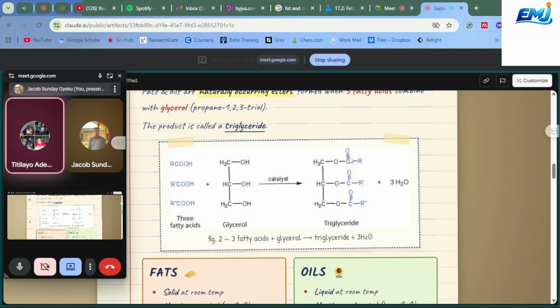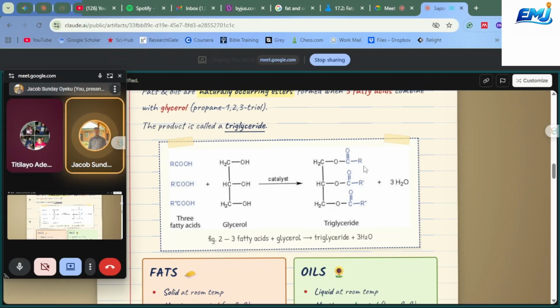So this R that you have here, you see the R in the acid, can be anything. They will be long. They used to have long chains. I will show you further down. Their long chain can contain any kind of bond. It can contain single, double, or triple.